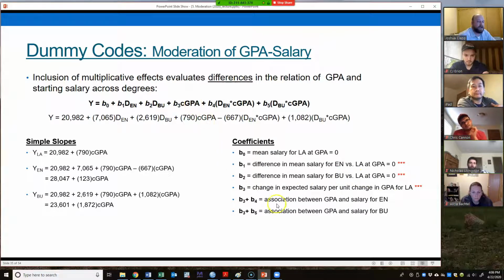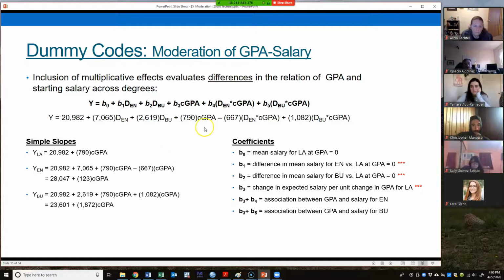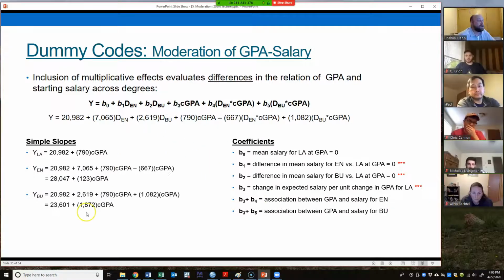B3 here, expected change in salary per unit change in GPA for our liberal arts majors. B3 plus B4, association between GPA and salary for engineering. B3 plus B5, association between GPA and salary for business. Okay. People see what we did. This is just basic algebra, substituting zeros and ones in to get our simple slopes.